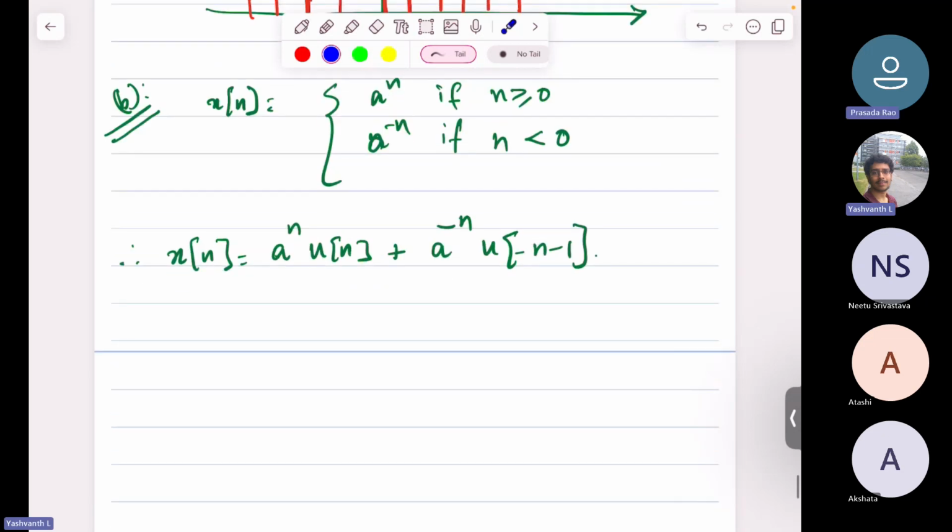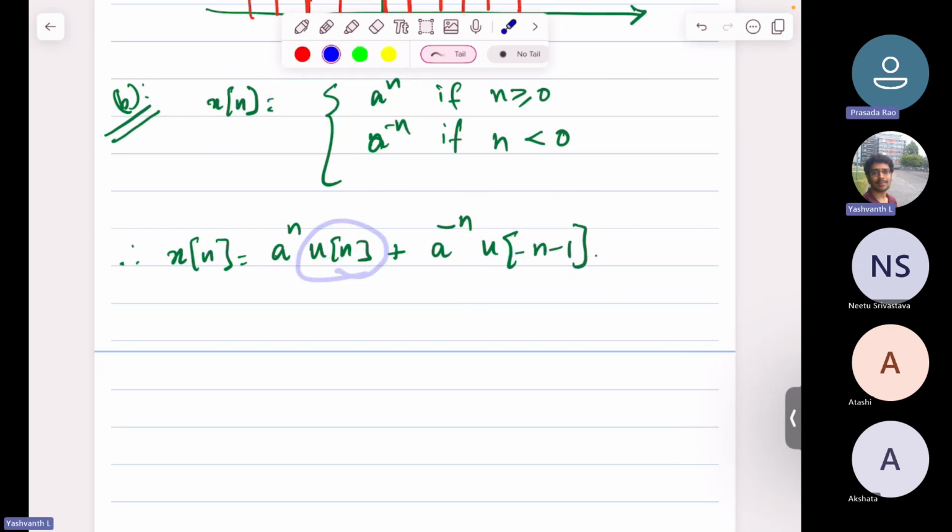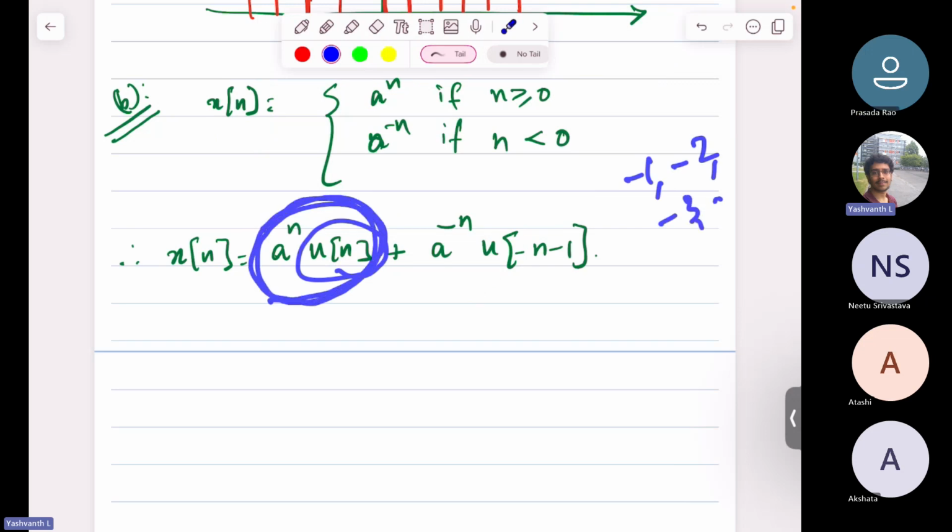Okay, sir. Yeah, basically for n greater than or equal to 0, the second term will be 0 and the first will be equal to 1, so you just have a power n. Now, whenever n is a negative number, let's say -1 or -2 or -3 and so on, this first term will be 0, because u of any negative number is 0.